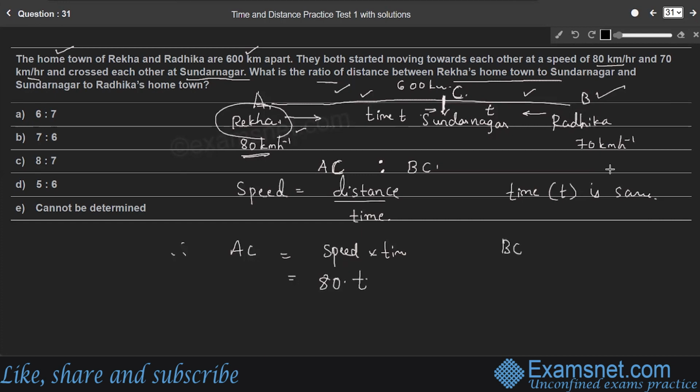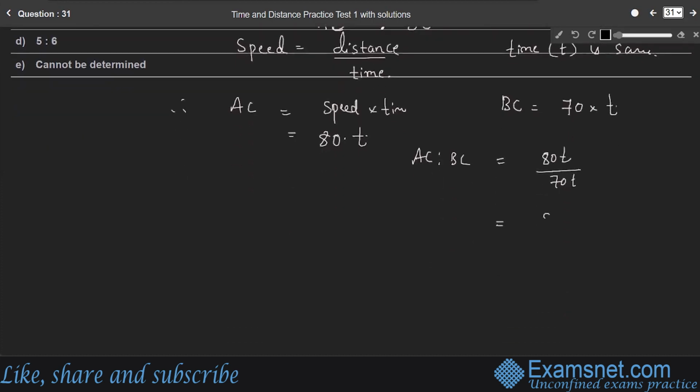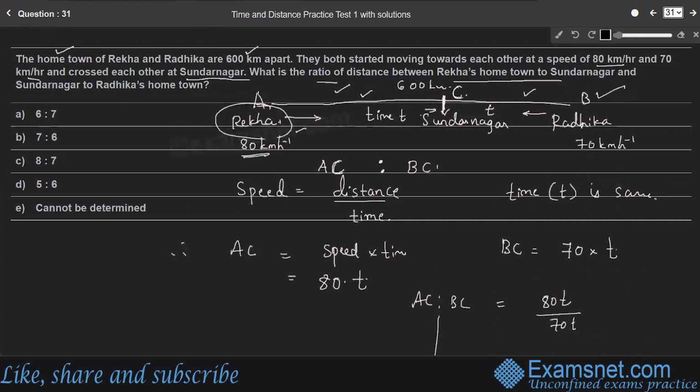Whereas BC distance has been covered by Radhika with 70 km per hour in T time. Therefore, AC is to BC is equal to 80T divided by 70T. T and T will get cancelled. So we have 10 into 8, 10 into 7. 8 by 7, or 8 is to 7 is the required ratio. Option C is the right answer.